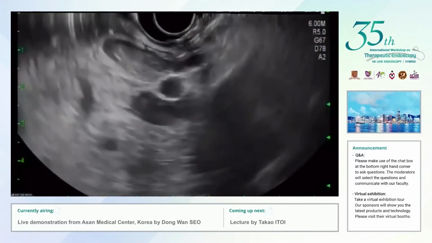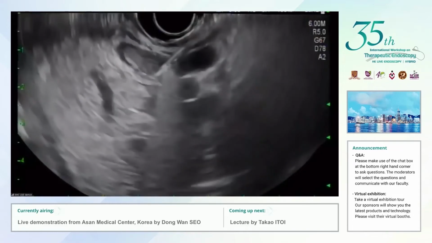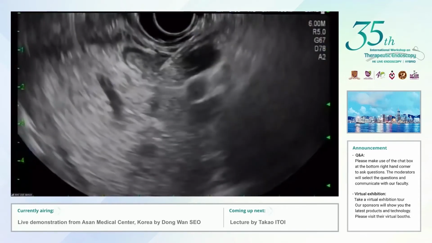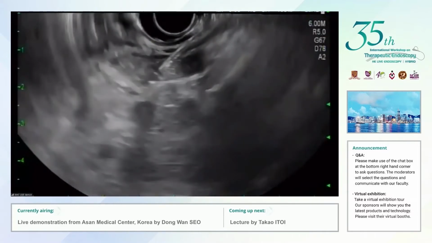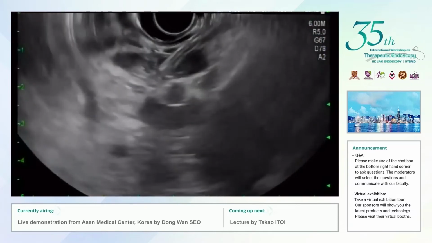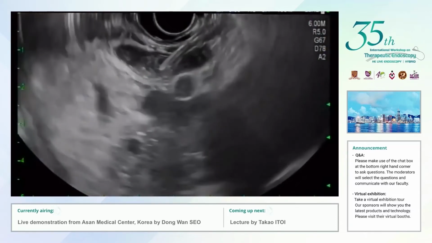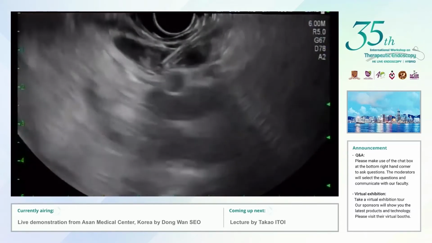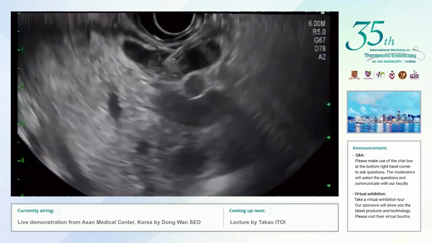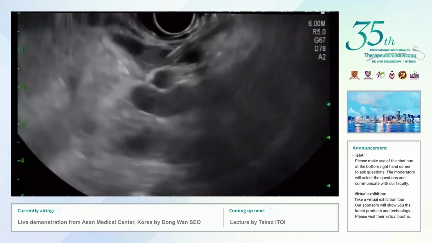So is it now your routine to use Moray forceps for all the pancreatic cystic lesions? Yeah, with cysts more than 2.5 or 3 cm in size, and the differential diagnosis is necessary. Yes, we do. Moray forceps biopsy is much better than just the cystic fluid analysis.